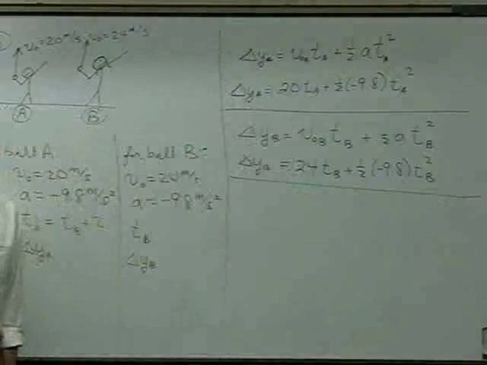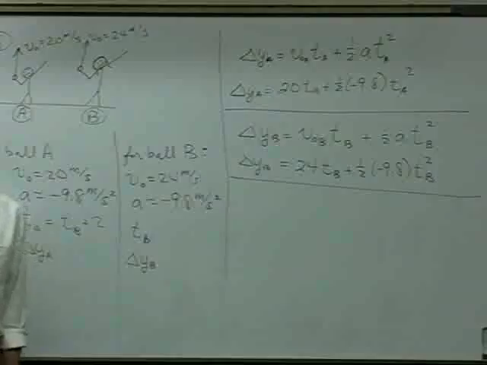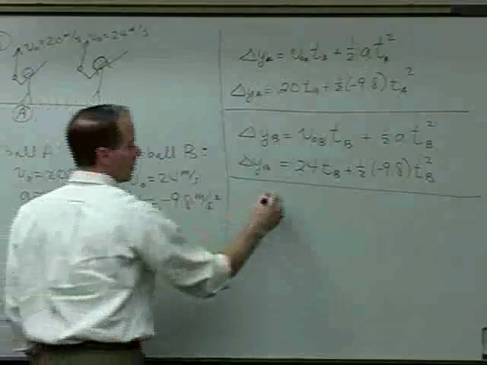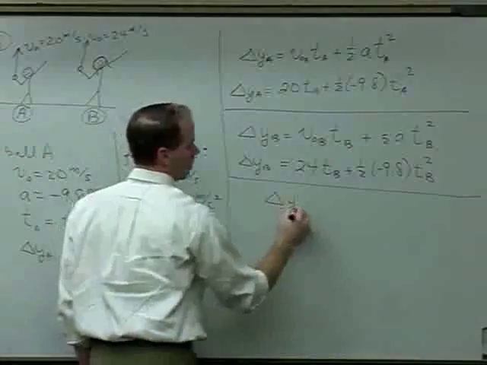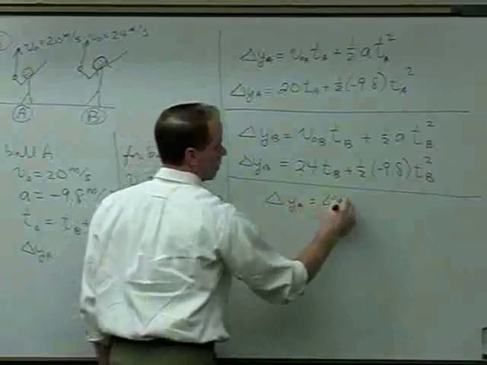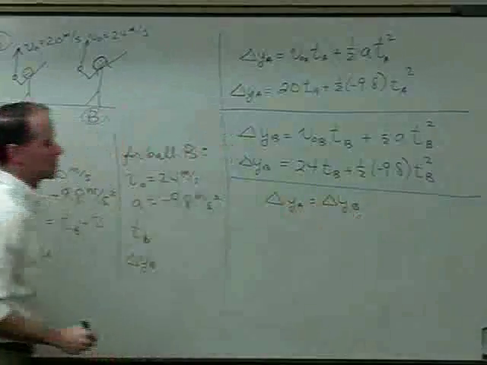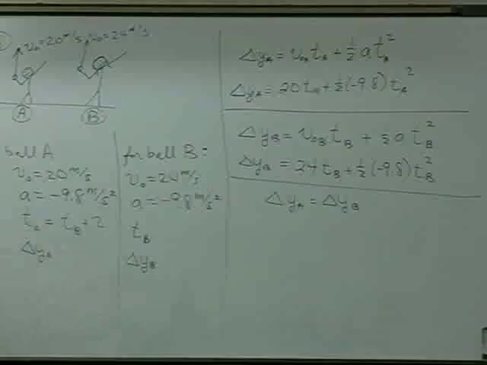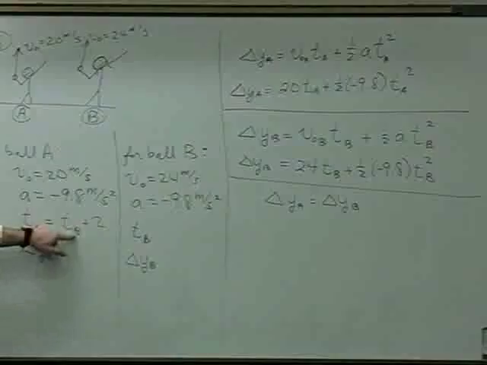But we're going to say that displacement YA equals displacement YB, because the ball and the stone will pass each other. And we're also going to say that time for A is time for B plus 2.